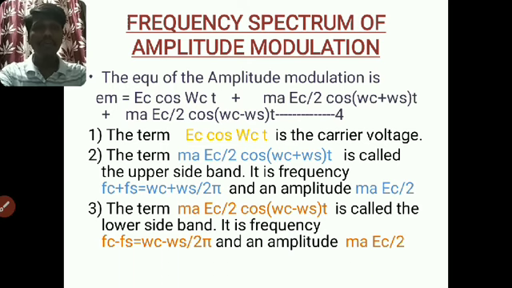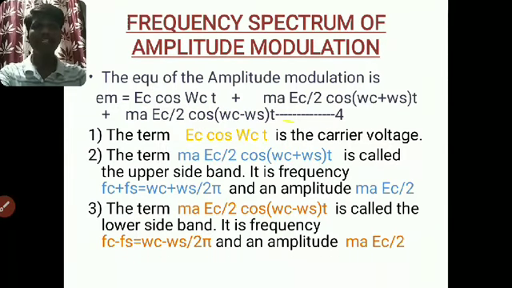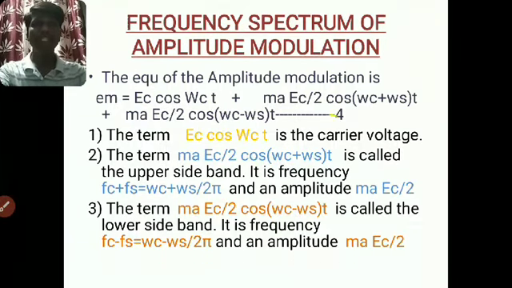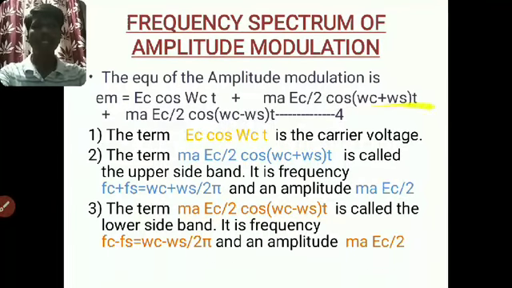We already know the equation of amplitude modulation; we discussed it yesterday. See the equation: Em equals Ec cos omega c t plus Ma Ec divided by 2 cos (omega c plus omega s) t plus Ma Ec divided by 2 cos (omega c minus omega s) t.